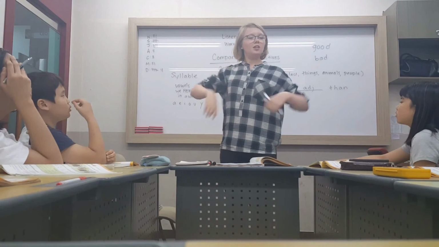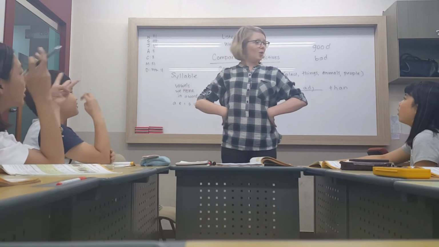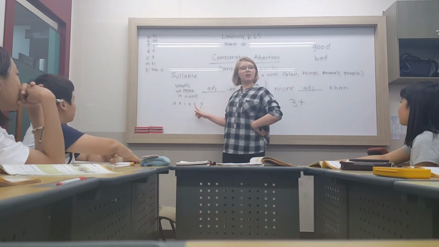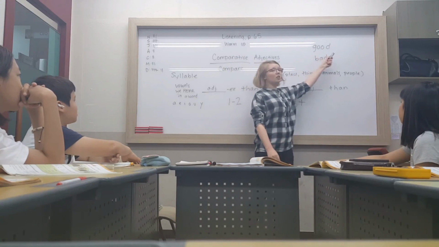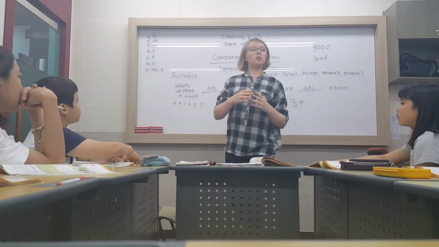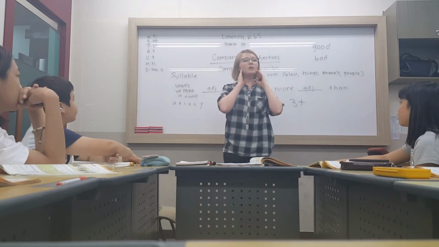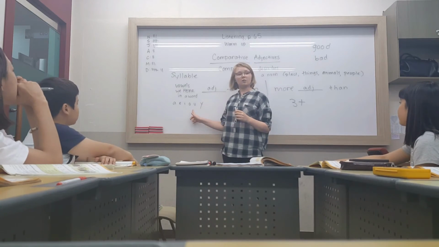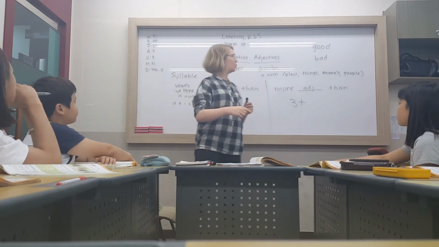I just hear one sound. If I said "goo-od" it would be two, but just "good" doesn't sound like two, right? Just one sound. We'll talk about that more later.